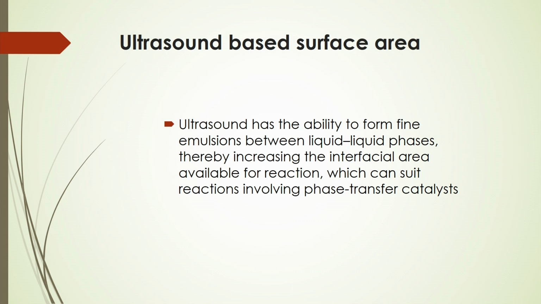You can use ultrasound to make emulsions of liquid phases, thereby increasing the interfacial area of the liquid-liquid interface, like droplets. One lighter liquid will be the discrete phase, forming lighter liquid droplets, and their interfacial area will be there. So, that interfacial area may be available for reactions, such as reactions involving phase transfer catalysis.